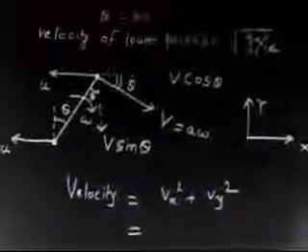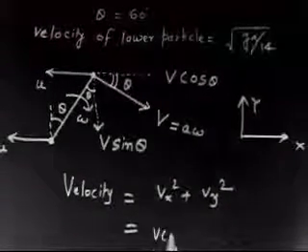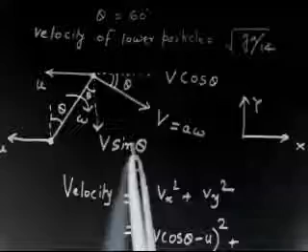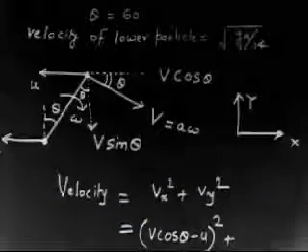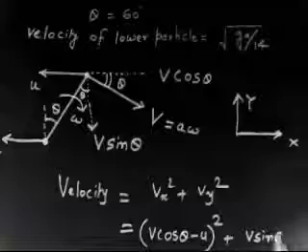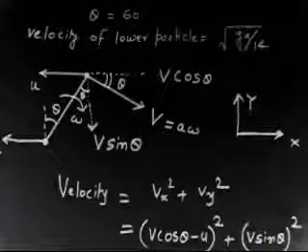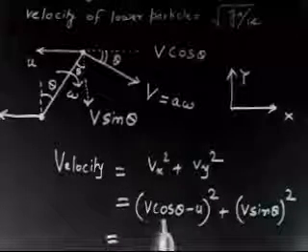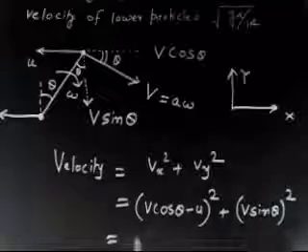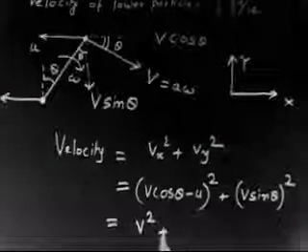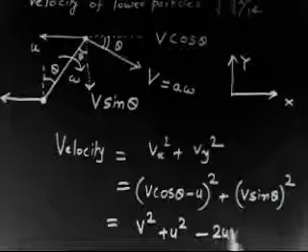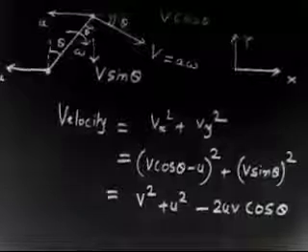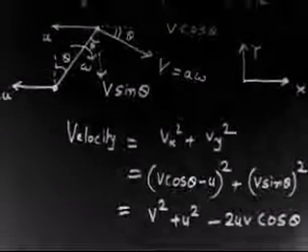So the total velocity will be vx square, that is v cos theta minus u whole square, plus vy whole square, and vy is v sin theta, so v sin theta whole square. I can also write this in a general way: v cos theta whole square plus v sin theta whole square, so this is v square plus u square minus 2uv cos theta, and this is my resultant velocity. Let us apply two equations.